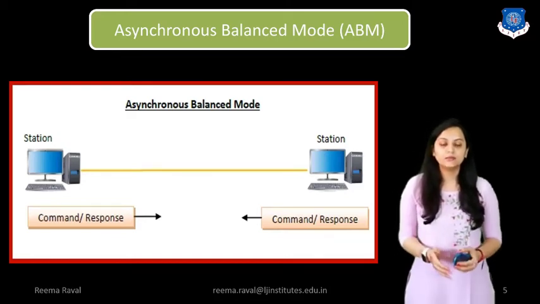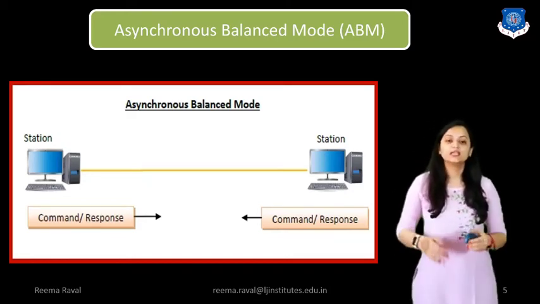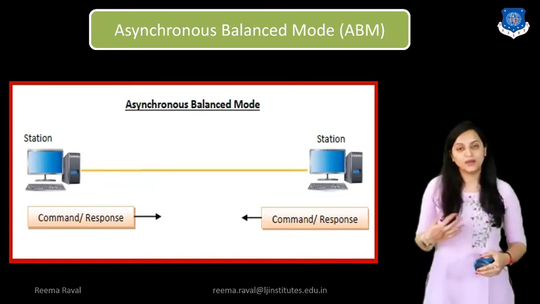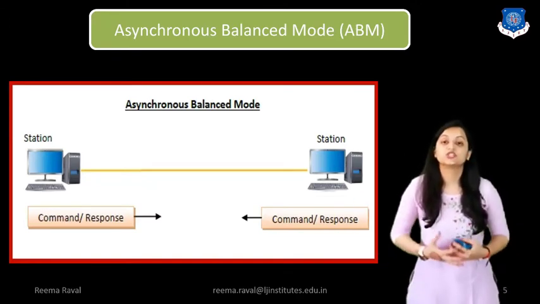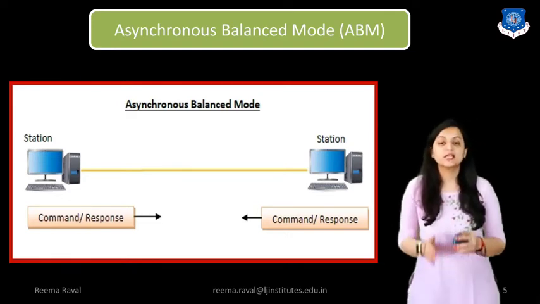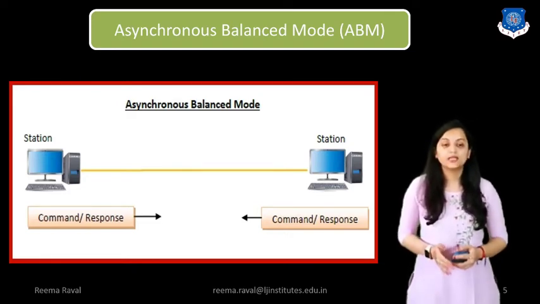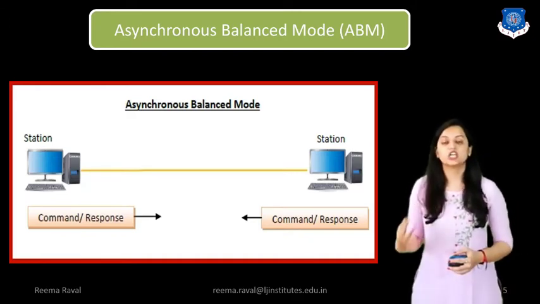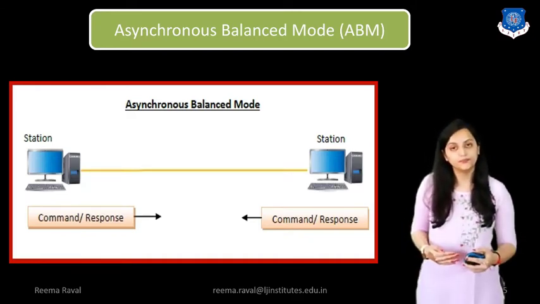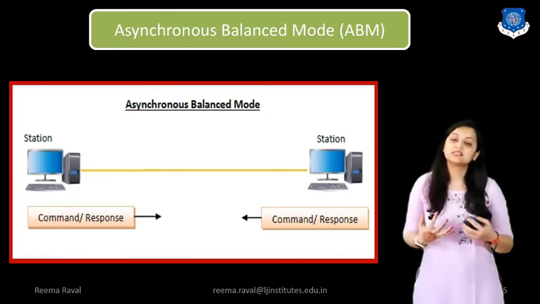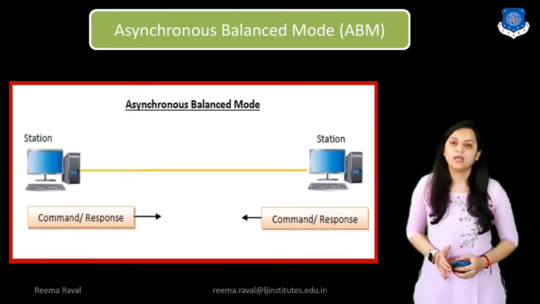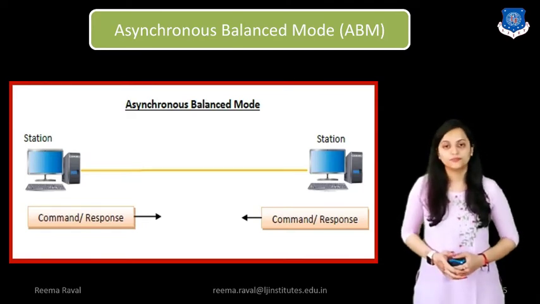That means at a time a particular station can give a command as well as a response, acting as the primary station or the secondary station both. That is called asynchronous balanced mode. In this kind of transmission, the particular station can give a command, and if a command is received by it, it can give a response to that. That's why this is called ABM, asynchronous balanced mode.